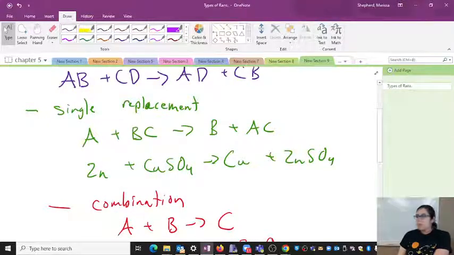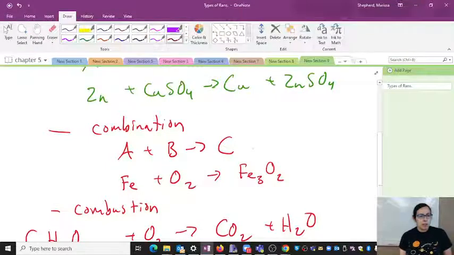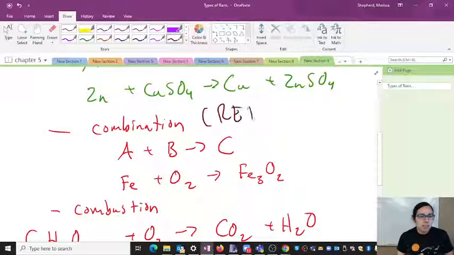Single replacement, they will be. Anytime you see a lone metal that transfers to another metal or becomes part of a compound, that's definitely an oxidation change, so I'll put redox there. Combinations are also usually redox because you have two lone elements that make some new thing.